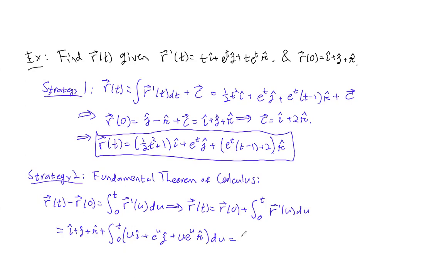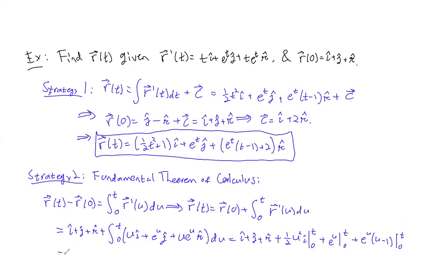And to antidifferentiate that, we get i plus j plus k, that's our r naught, plus 1/2 u squared i from 0 to t, plus e to the u, again from 0 to t, plus e to the u times u minus 1 from 0 to t.